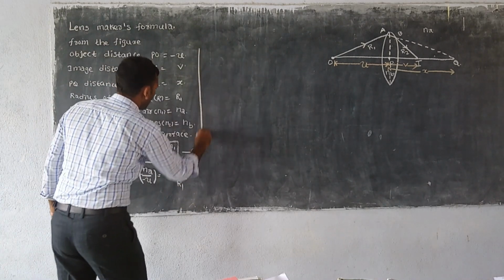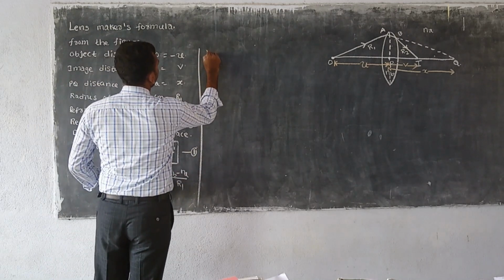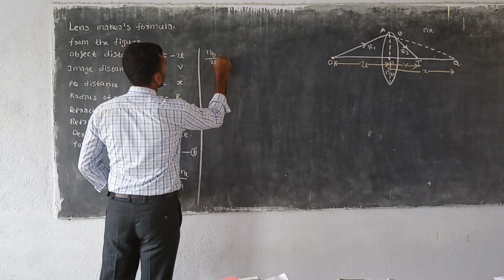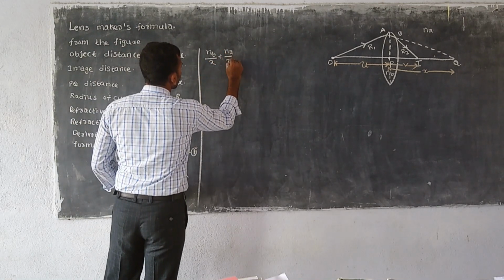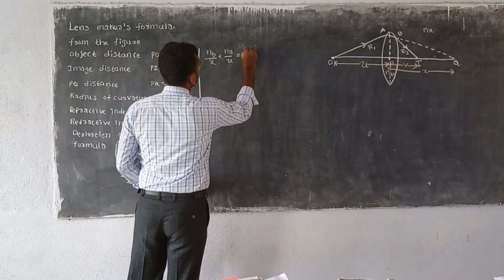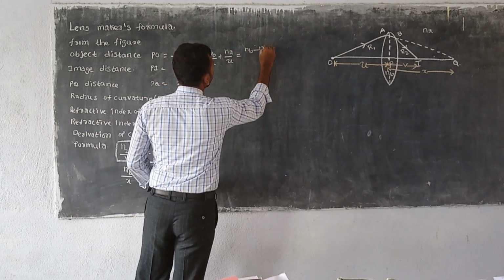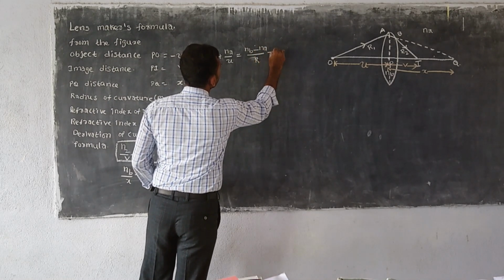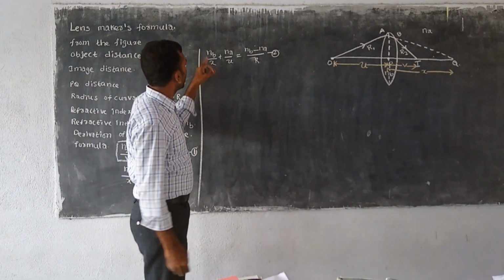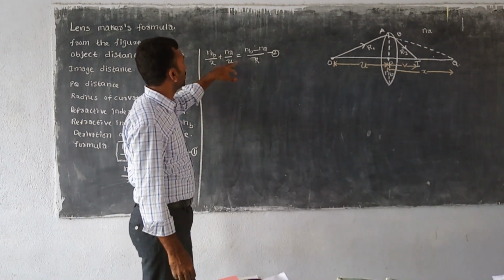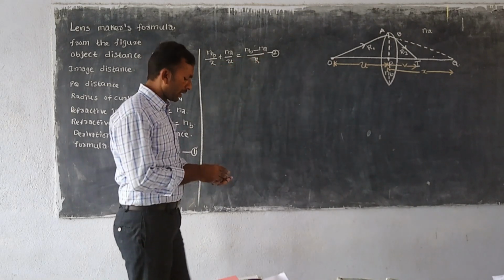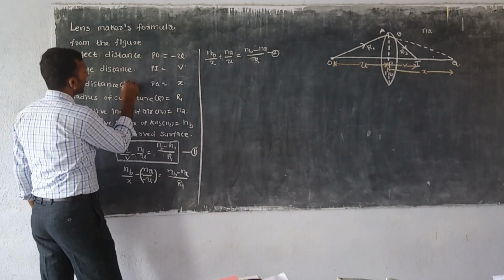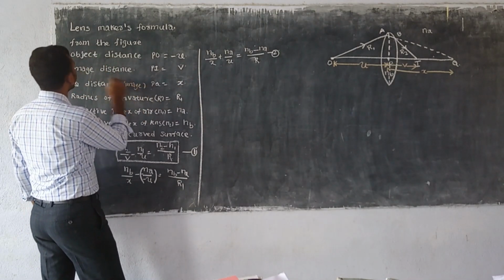Writing these values again: NB by X plus Na by U equals NB minus Na by R1. This is equation 2. Here the PQ distance is taken as the image distance in the first case.